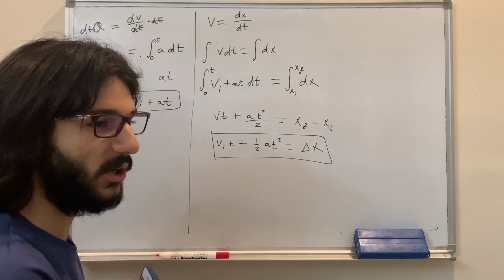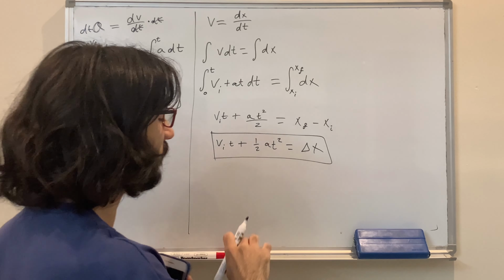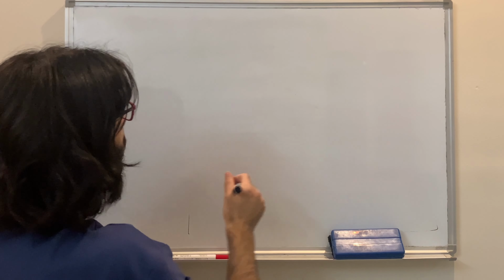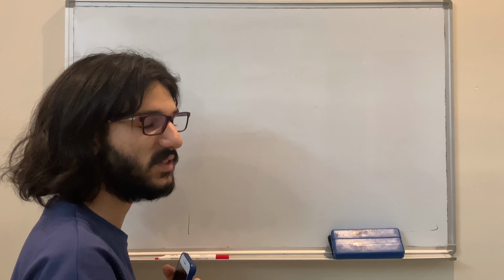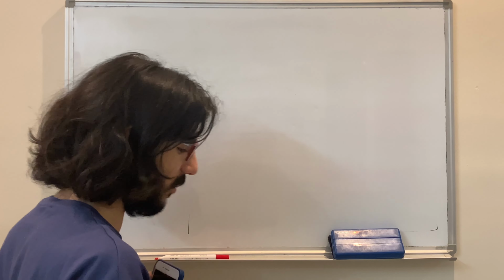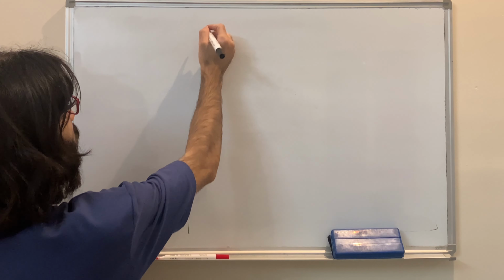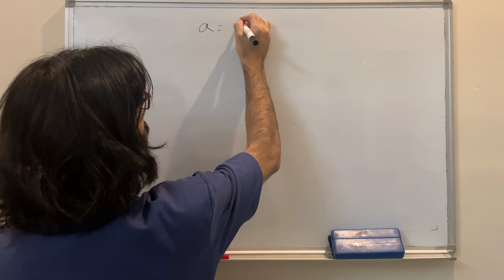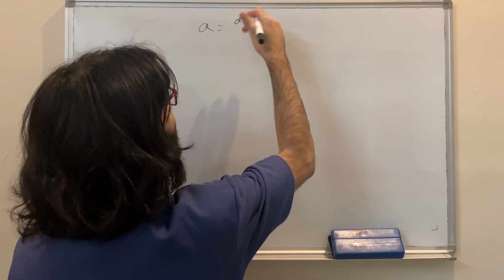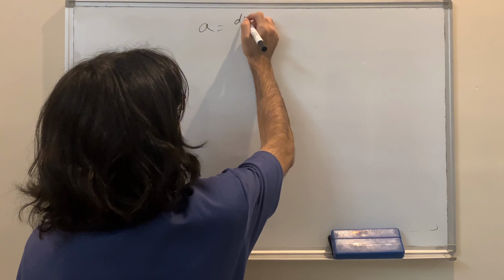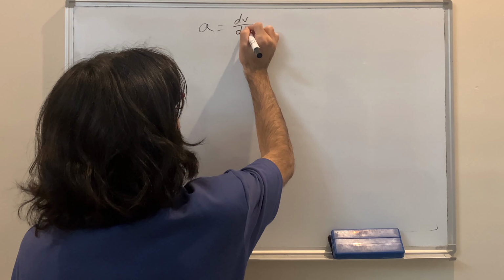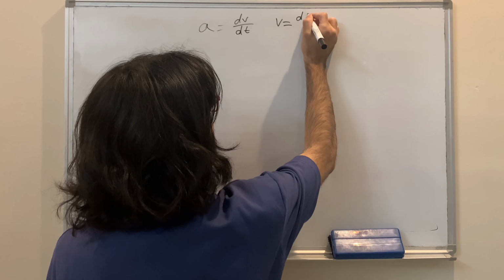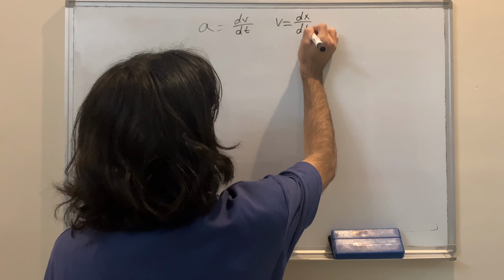Now for the last part, it's going to take a bit longer, so I'm just going to remove all of this. For the final part, we're basically going to use everything we've learned. Acceleration is equal to the infinitesimal change in velocity with respect to time, and velocity is the change in position with respect to time.